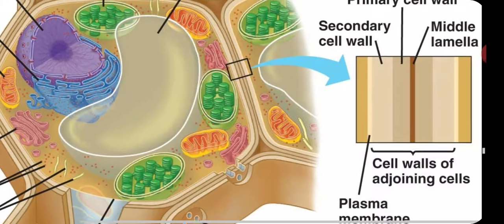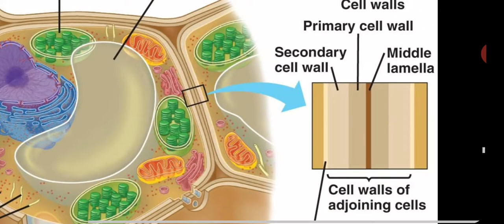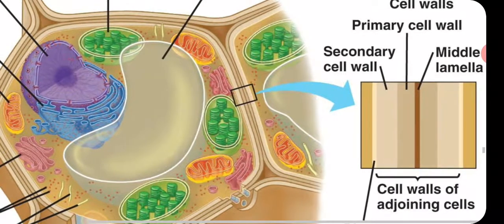The middle dark line is called the middle lamella. On either side of the middle lamella is the primary cell wall, and on either side of the primary cell wall are the secondary cell walls of neighboring cells.